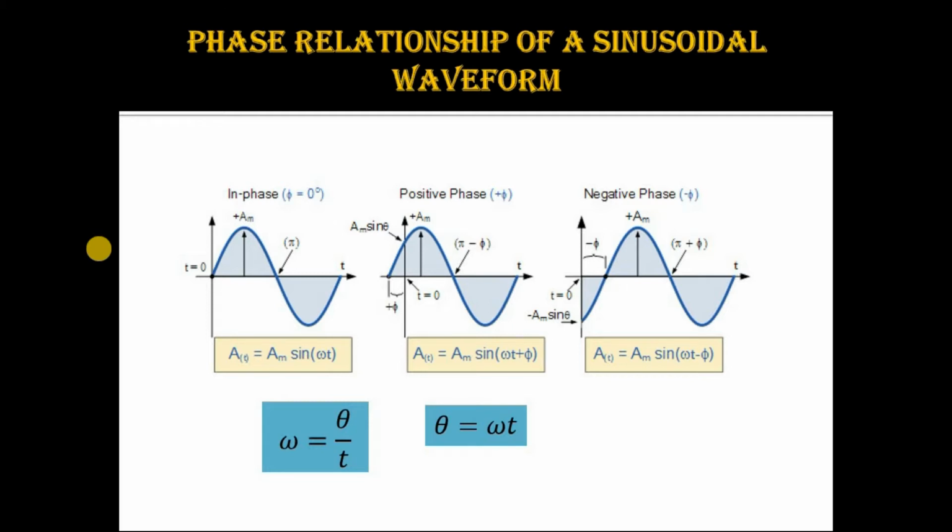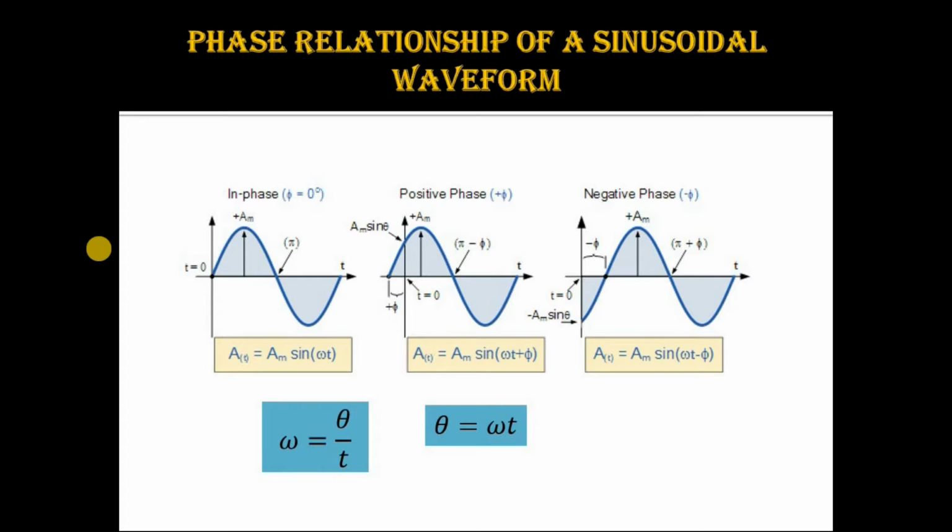So what is the equation for this sine wave? Maximum value is AM. So AM sine theta. Instead of AM sine theta, we can also write AM sine omega t. So the defining equation for the sine wave is AM sine omega t. The sine wave is not phase shifted. It starts from 0.